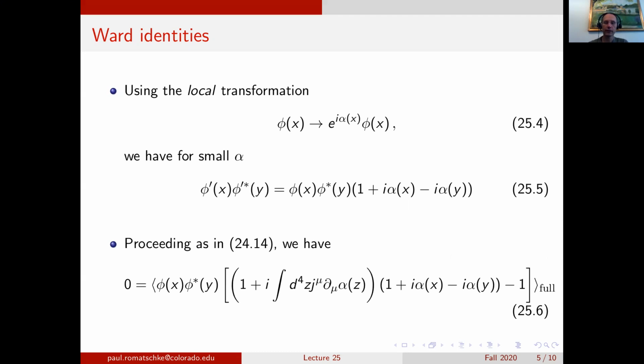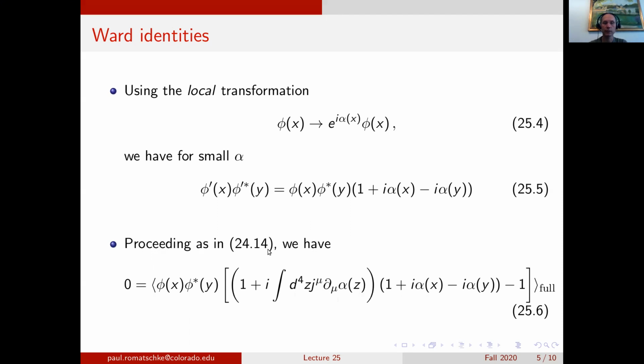If we follow exactly the same steps as in the last lecture, we find that the symmetry in the quantum field theory gives rise to an expectation value that corresponds to the original object, in this case the two-point function, times the variation of the action, that's 1 plus i integral over z j mu d mu alpha of z.